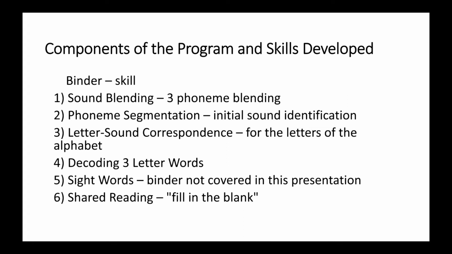And finally, the last binder is shared reading. We're calling it fill in the blank, as this task involves reading specific words as they come up in a sentence. In addition to teaching these skills, adults should be regularly reading to learners with complex communication needs and discuss the books with them.